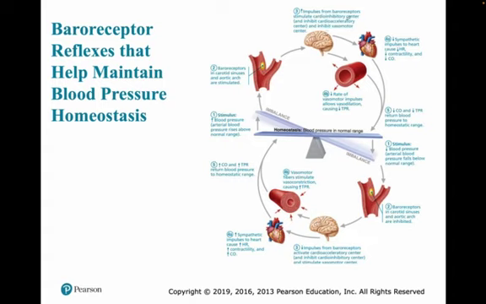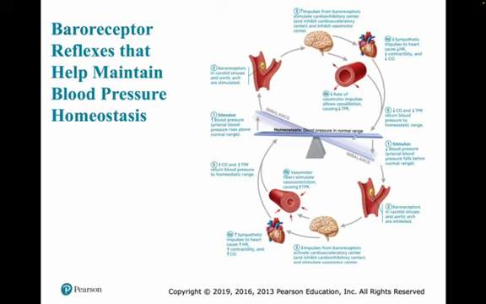As soon as that happens, it will stimulate the cardio inhibitory center, because your blood pressure is high, so your cardiac activity needs to go down. Immediately the sympathetic activity will go down, making sure your heart rate and cardiac output are going down, so that blood pressure is restored. At the same time, the rate of vasomotor impulses will also go down.